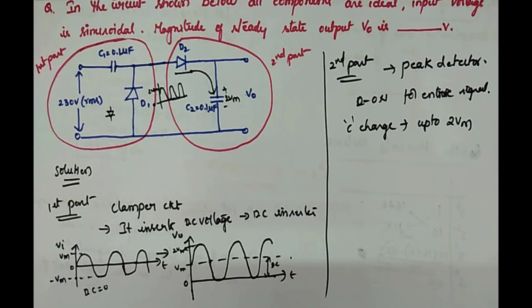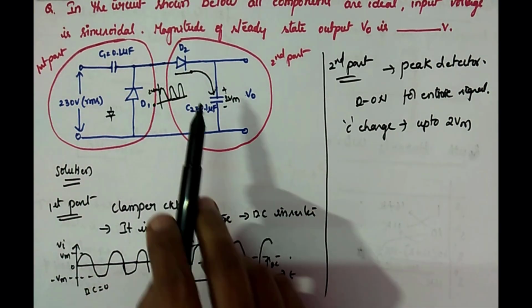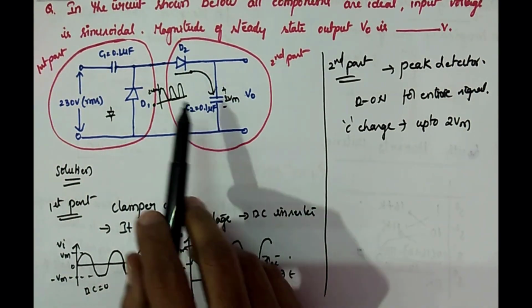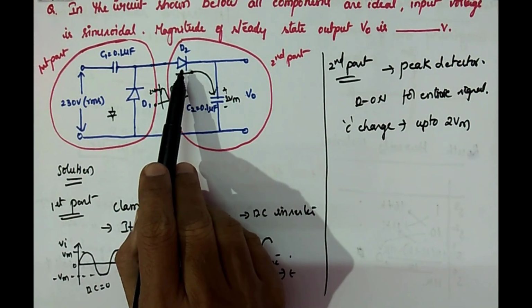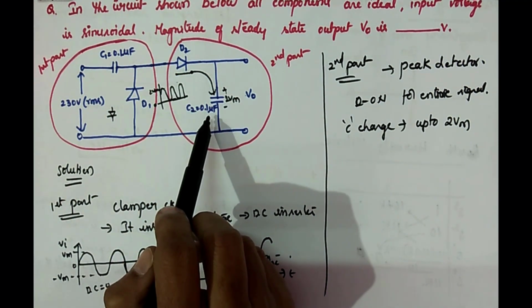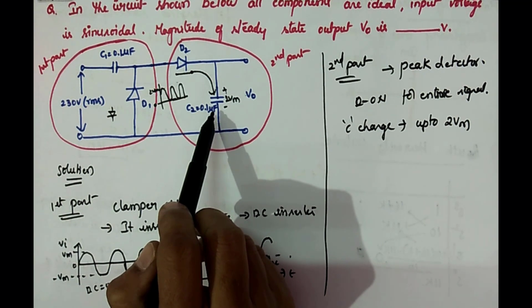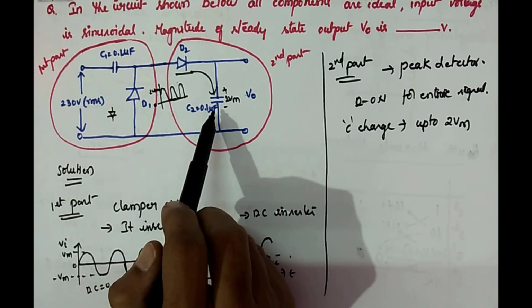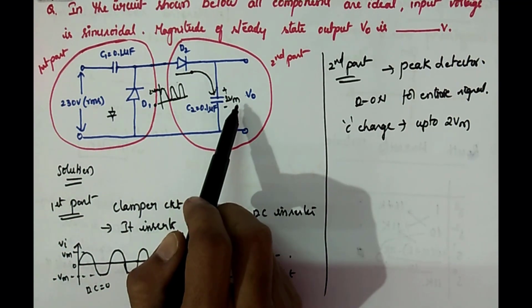The capacitor discharges only when there is no current, but diode D2 is continuously on, so the capacitor is always in charging mode, and the voltage across it always remains at 2 Vm.